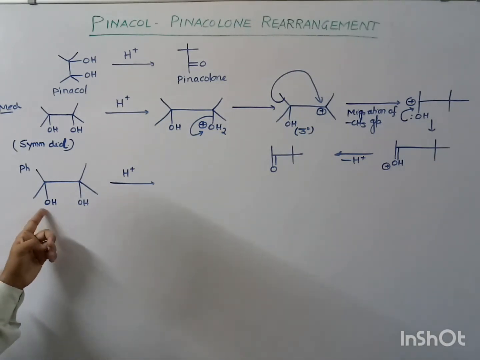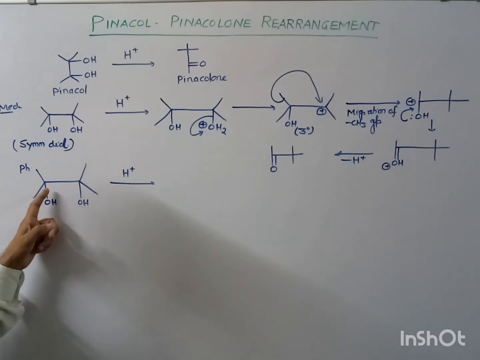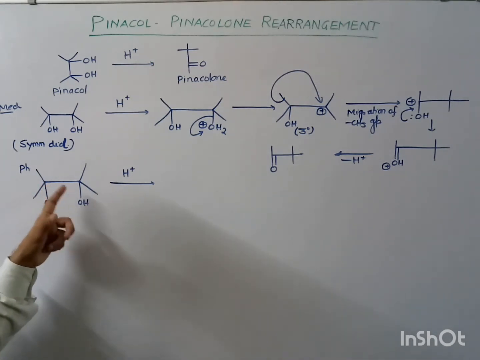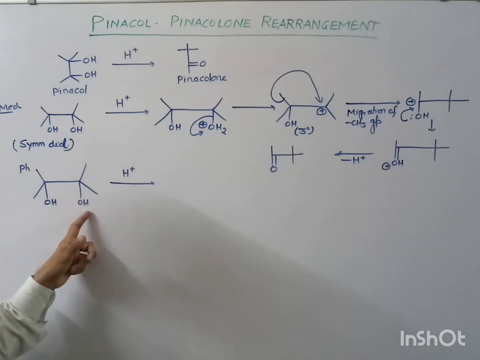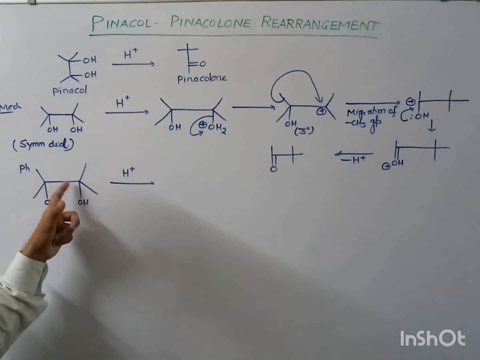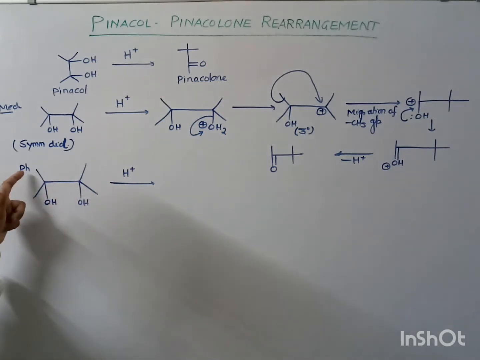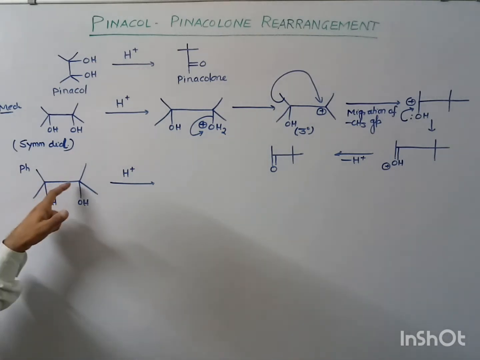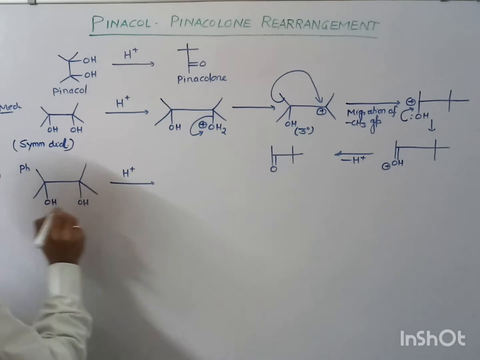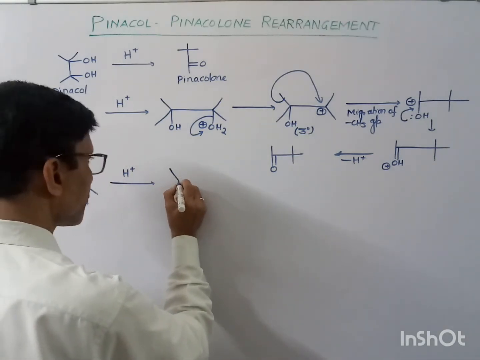If I protonate this one, then the H2O molecule will get removed from here and the positive charge will be created over here. If I remove this H2O molecule from here, then the positive charge will be created over here. Both are tertiary carbocations, but the phenyl group present over here stabilizes it much more in comparison to this methyl group. So that's why this OH group would be protonated.